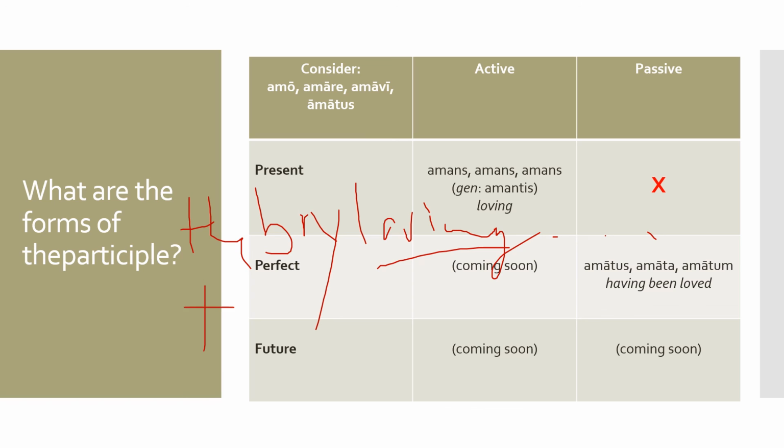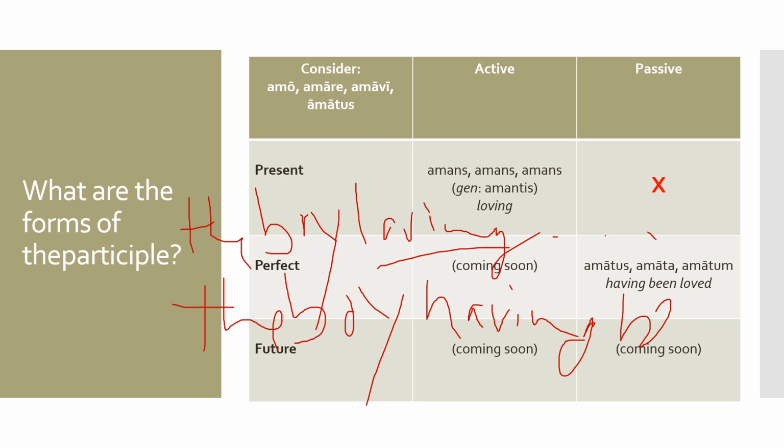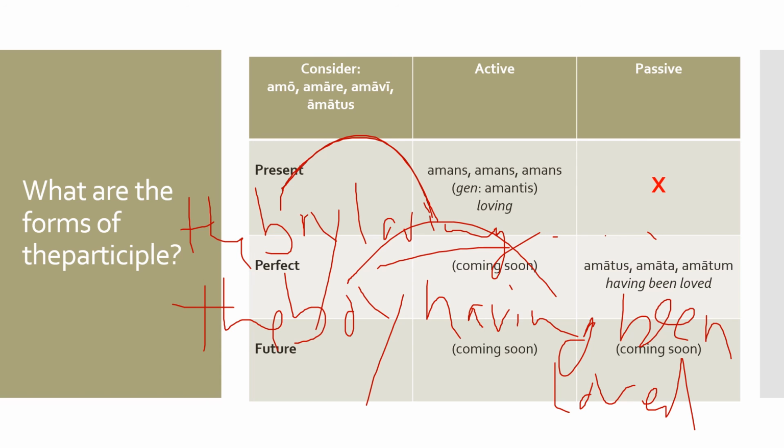Or we could say the boy having been loved. And now that's your perfect participle, so that's happening here. That's modifying boy, but boy is actually doing the action. And having been loved is still modifying boy, but now that action is happening to the boy. All right.